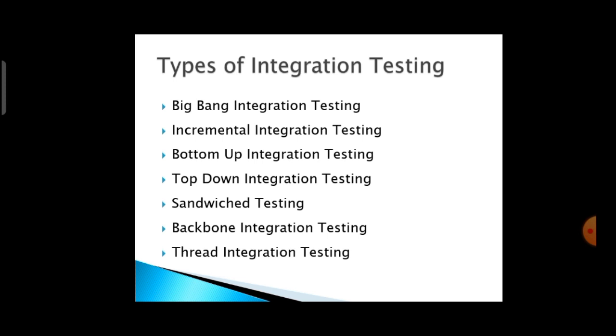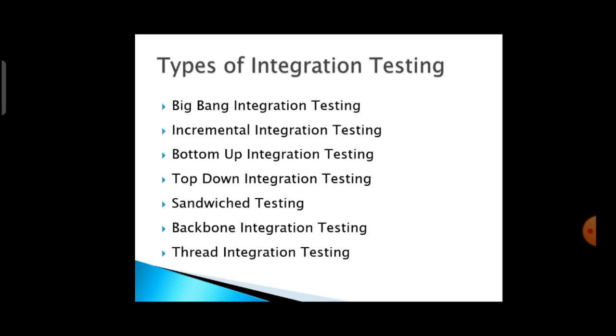And the next is thread integration testing. A thread is a portion of several modules that together provide user visible program features. In this type of testing, the entire system is tested by integrating one thread with another.